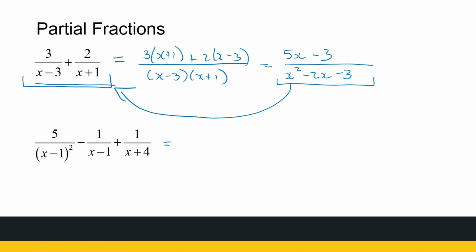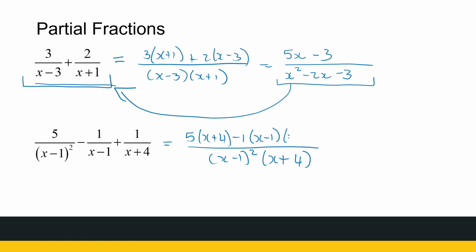If you look at the second example, our common denominator is going to be x minus 1 squared times x plus 4. If I add those three terms together, it'll be 5 times x plus 4, minus 1 times x minus 1 and x plus 4, plus 1 times the x minus 1 squared. That you can further simplify, but we're not worried about that at the moment.